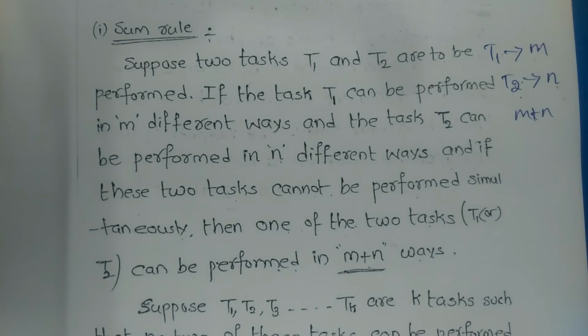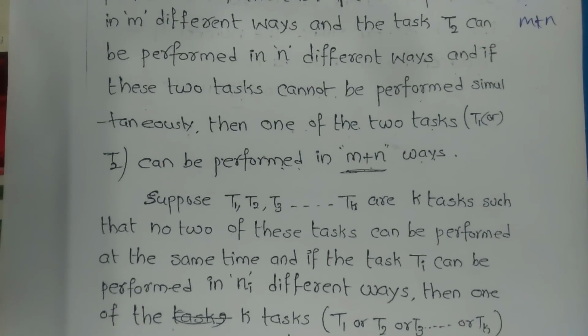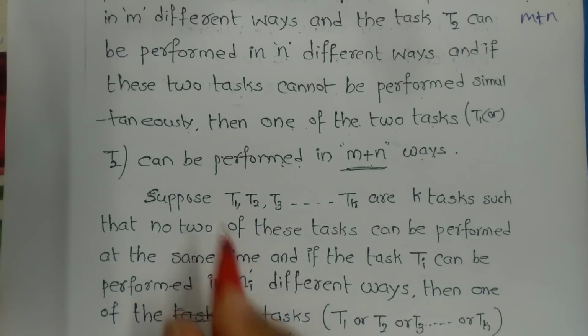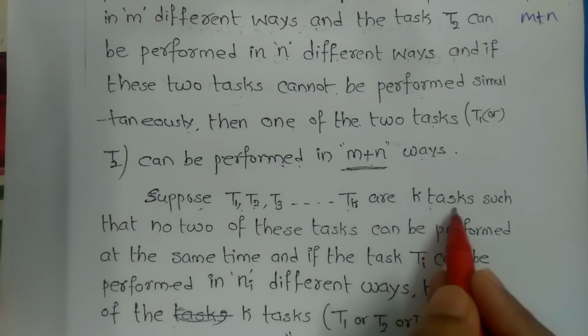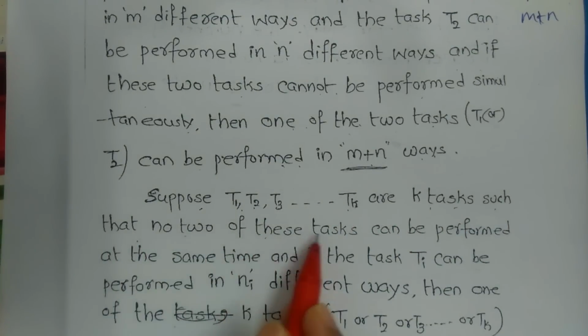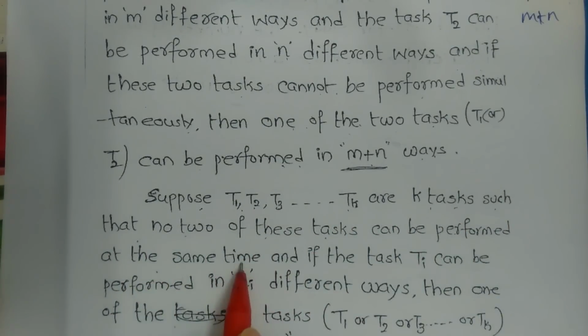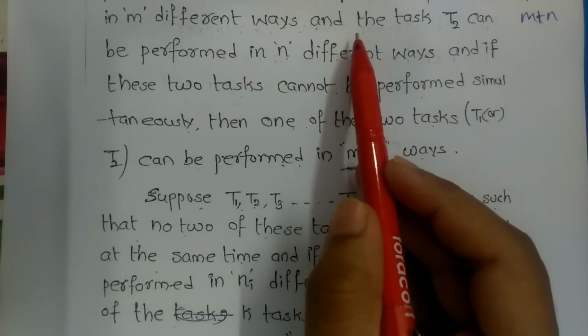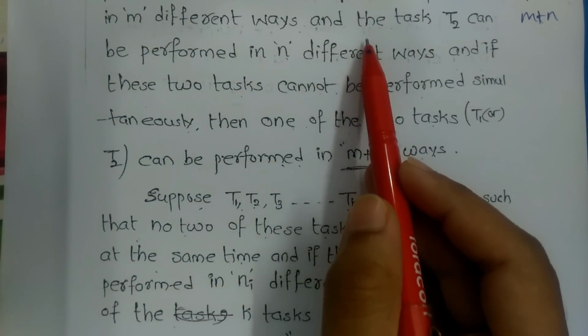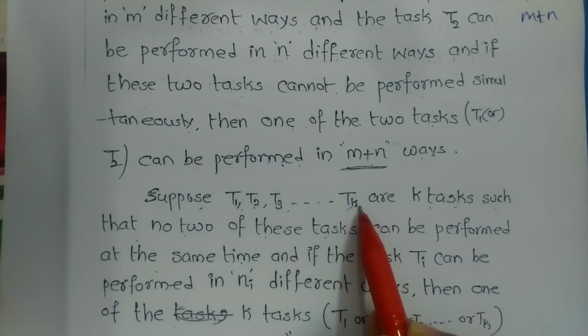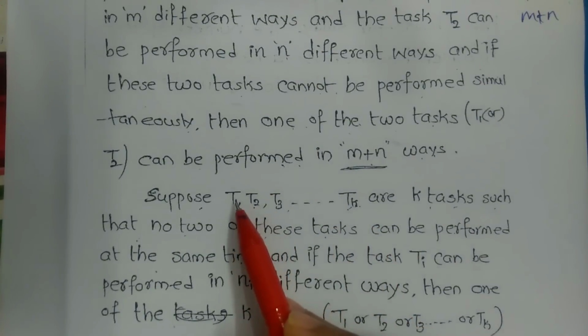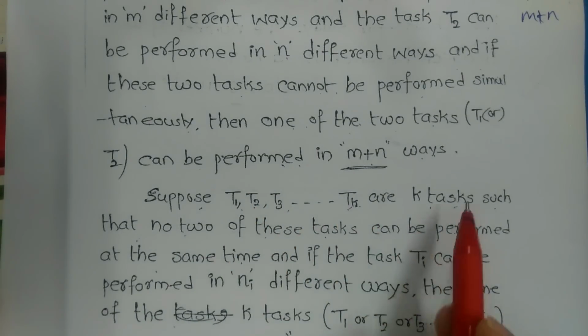Now, suppose there are more tasks. Suppose T1, T2, T3 and so on up to Tk are the k tasks such that no two of these tasks can be performed at the same time. Here we had taken only two tasks, T1 and T2, but if k tasks are there, we just have to add all the different ways.